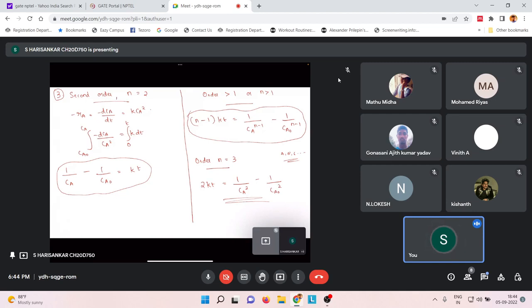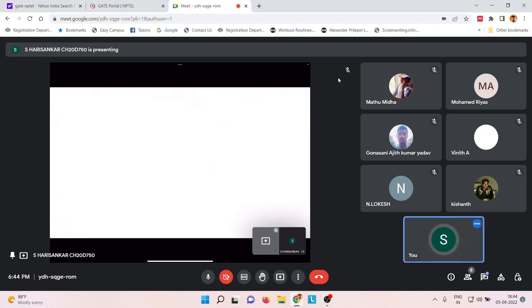Now, another thing we want to learn, a special case, I would say, second order reaction, A plus B gives product P, the reaction rate constant K. So the difference here is, previously the rate equation was Ra is equal to dCA by dt, which was just for second order.